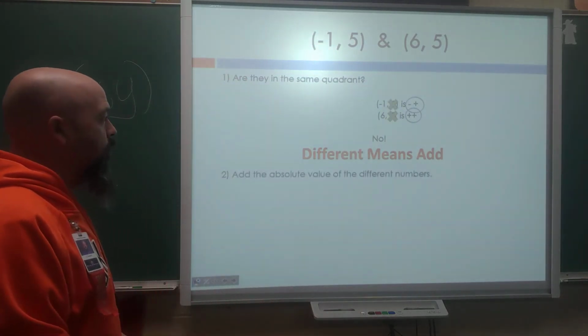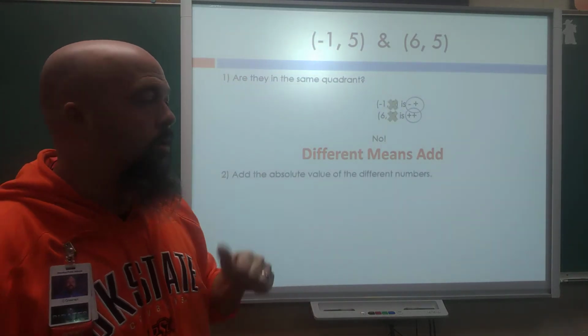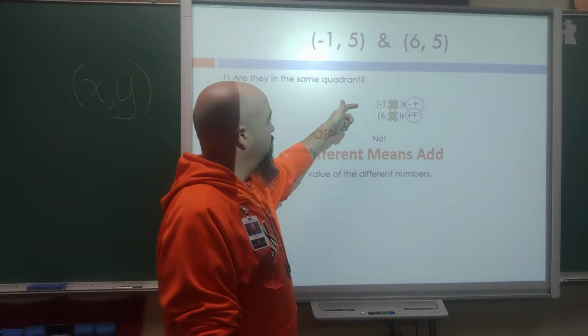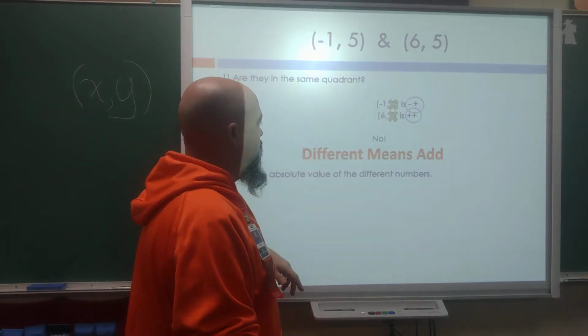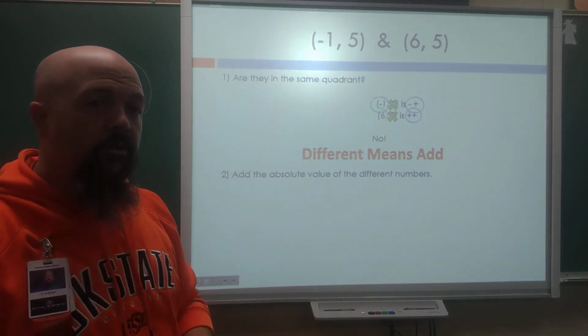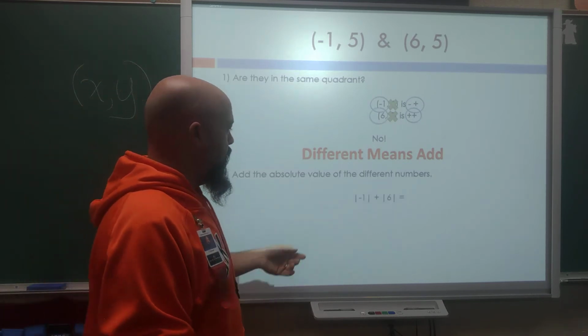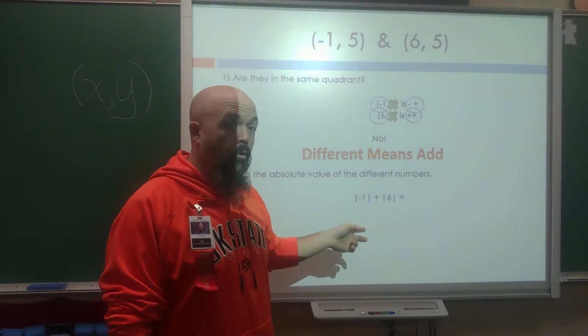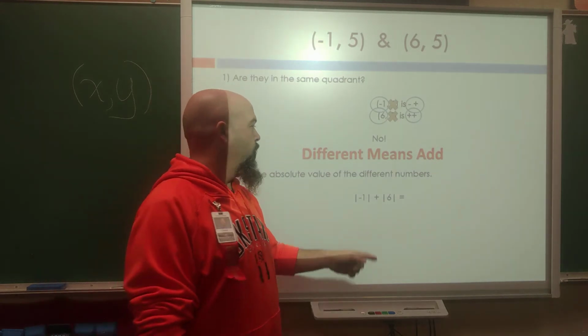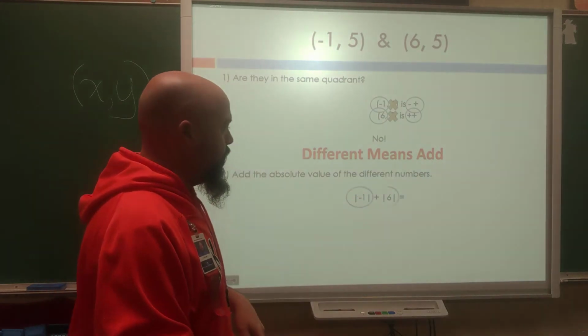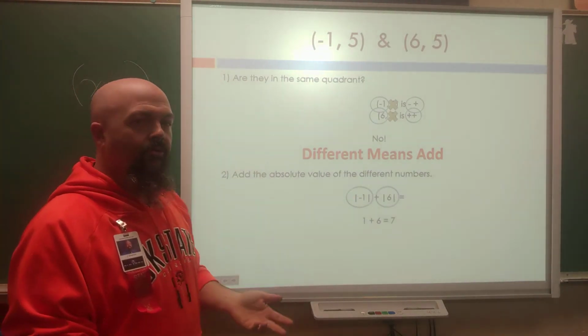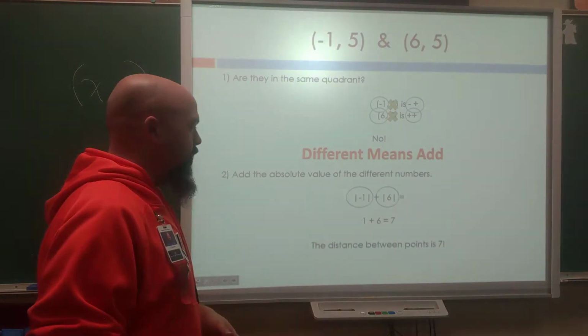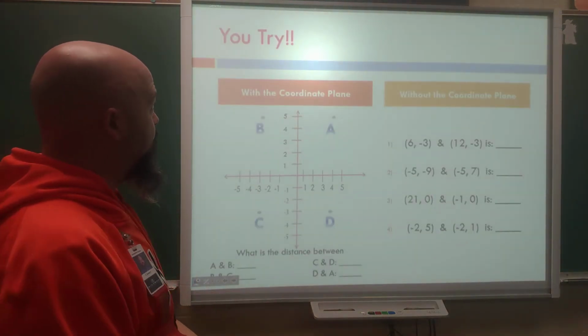So we're going to remove those two. Get them out of here. Boom. And now we're looking at just the negative 1 and the positive 6. We want their absolute values, and we're going to add those two together. So the absolute value of negative 1 is 1. So 1 plus 6 comes together and gives us 7. We get our distance between those points as 7.